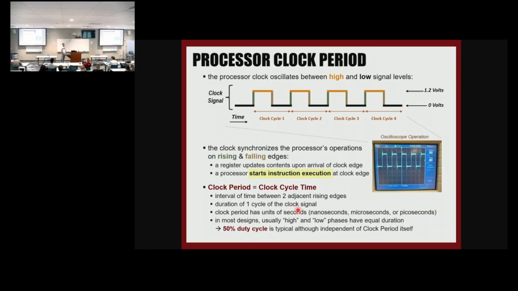So if part of your system is working at the negative edge of the clock, and if your duty cycle is not long enough for both cases, you might not be done with that part, and then you activate another part of your design, right? So it matters if you are doing something with the negative edge of the clock. If you always work with the positive edge of the clock, it doesn't.